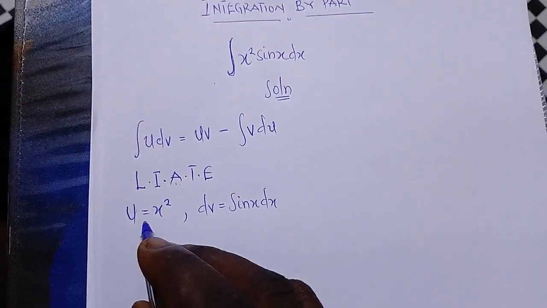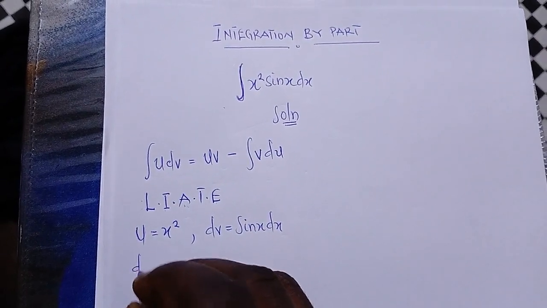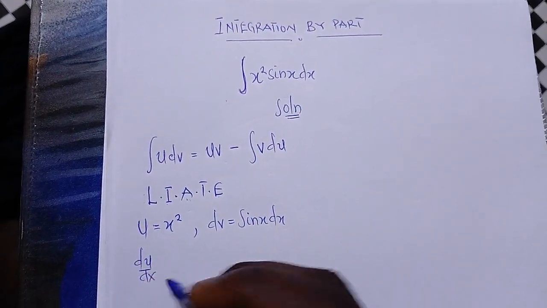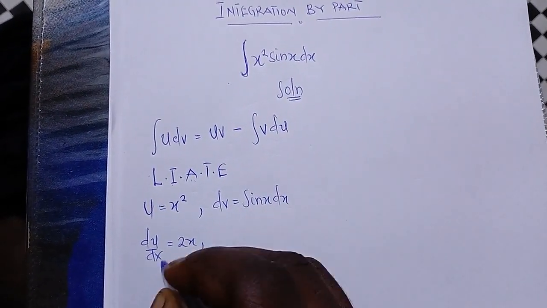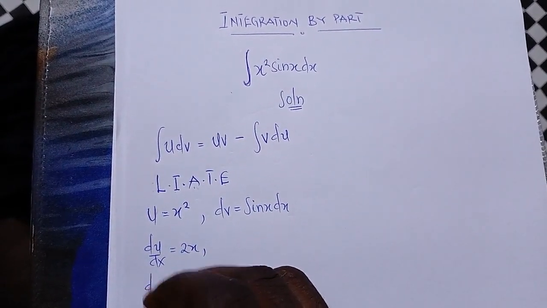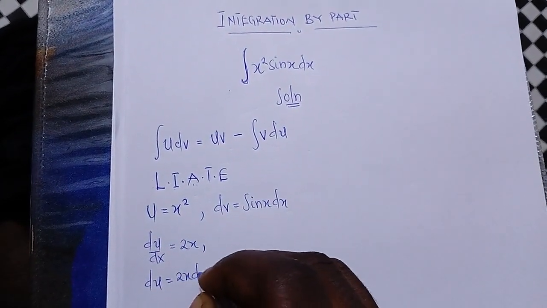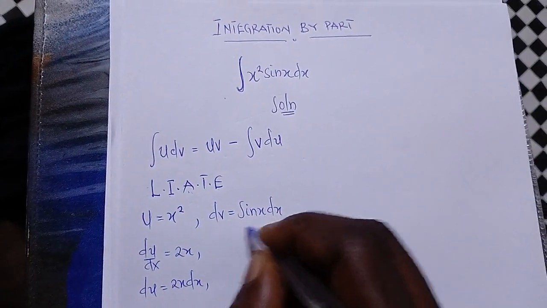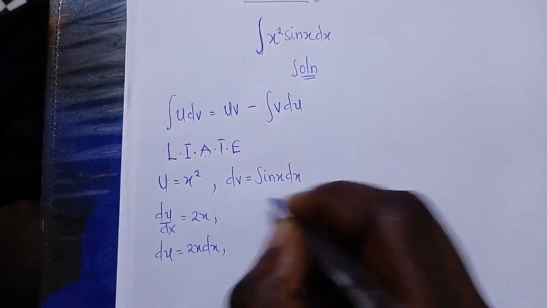Now let me differentiate this. I'm going to differentiate u with respect to x, which gives 2x. Then I'll make du the subject, so du will be equal to 2x dx. Now I want to find my v also here, so I'll integrate both sides.